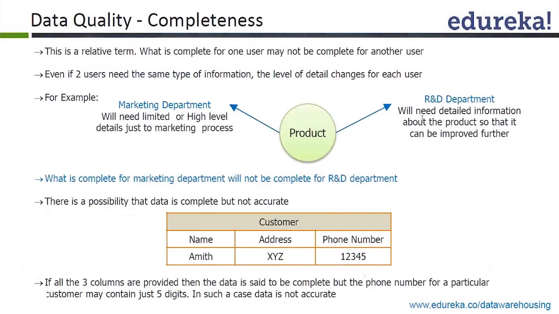Another one is data completeness. So data quality can be measured by data completeness. What exactly do you mean by complete data? As I said, quality of data depends on the usage of the data, right?